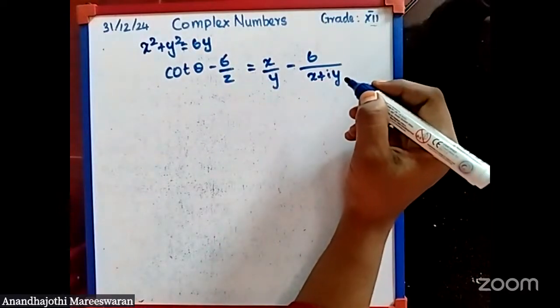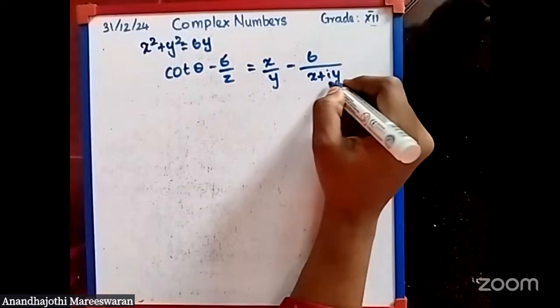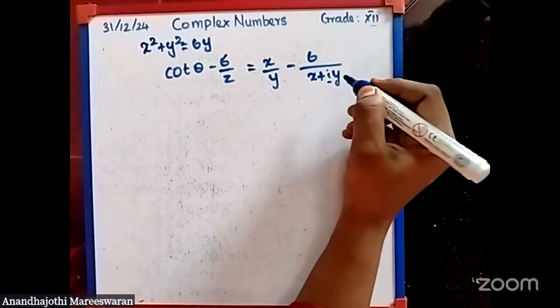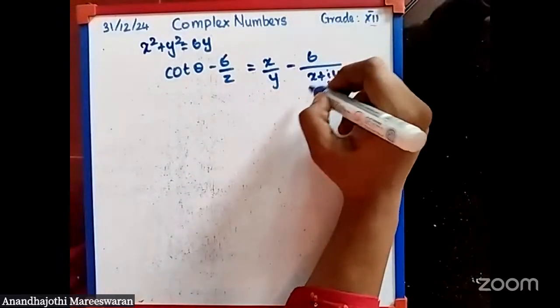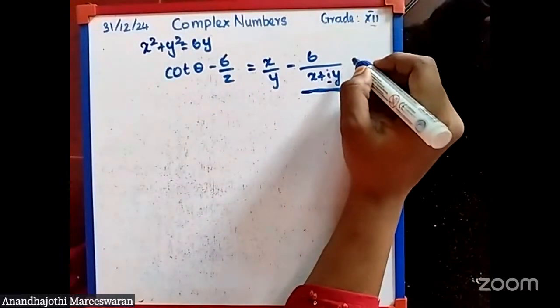So to eliminate the imaginary term, I am going to multiply this term alone by its complement.